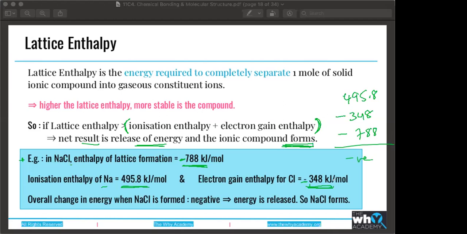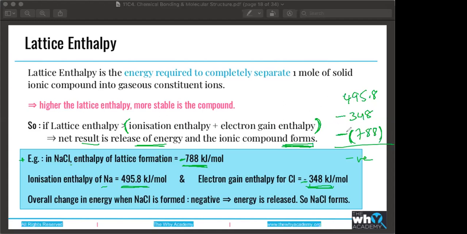Over there it said that the higher the lattice enthalpy, the more stable the compound is. So do we take only the magnitude of lattice enthalpy? If it's minus 100, would it be more stable? You take only the magnitude. This minus basically represents whether energy is released or absorbed, whether it is a forward process or a backward process.